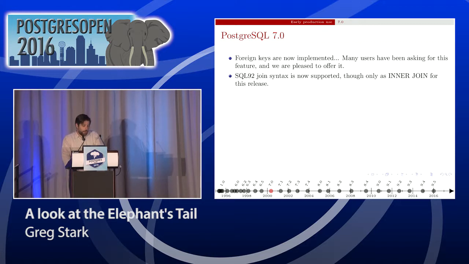I don't know what the discussion at the time was on exactly which feature was important to make it 7.0 rather than 6.5, but foreign keys were apparently a major demand, and even the release notes acknowledge this is something users were demanding. This is something they needed to make Postgres a viable choice in their projects.